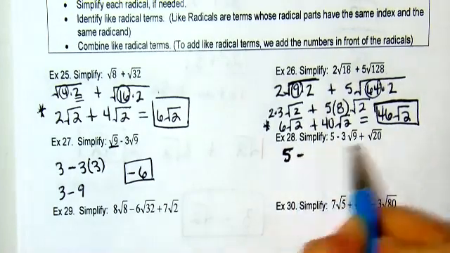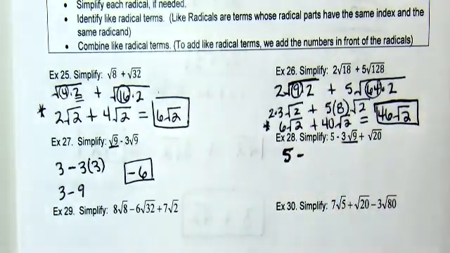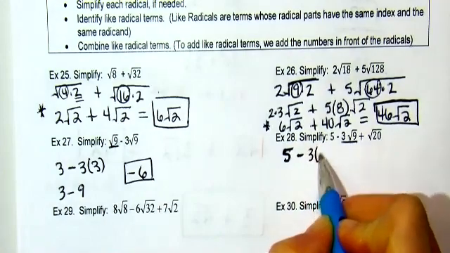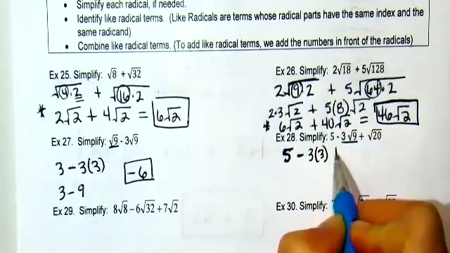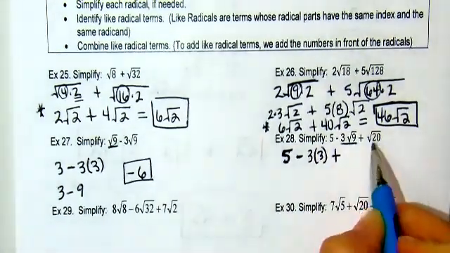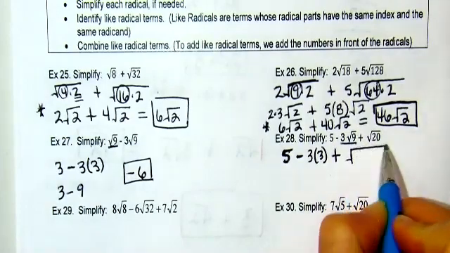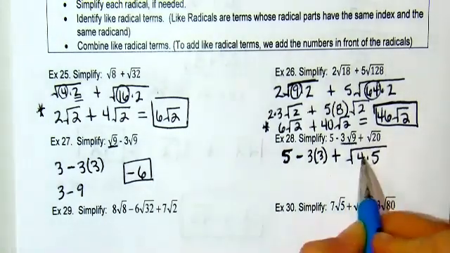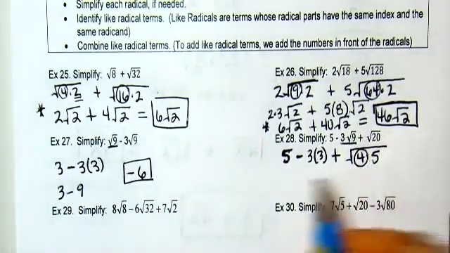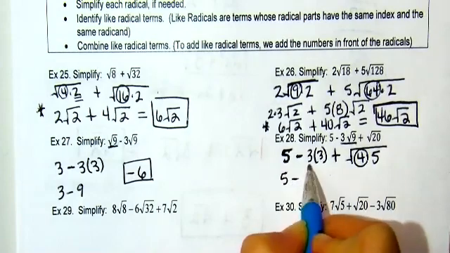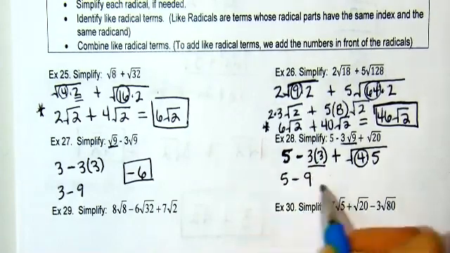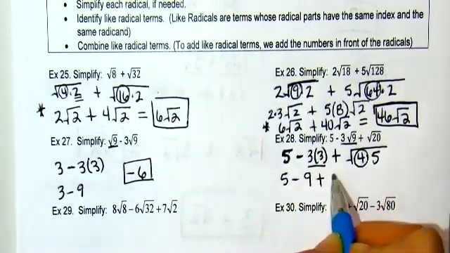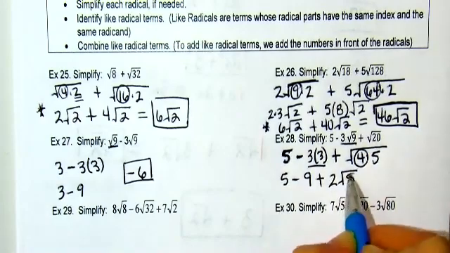We're saying 5 minus 3 square roots of 9. So this would be like saying 3 times 3. We'll come back and simplify that in a minute. This is like saying the square root of 20. So 4 times 5 is 20, but we can simplify that. So we're saying 5 minus 3 times 3 is 9, plus the square root of 4 is 2, and you leave the square root of 5 underneath.